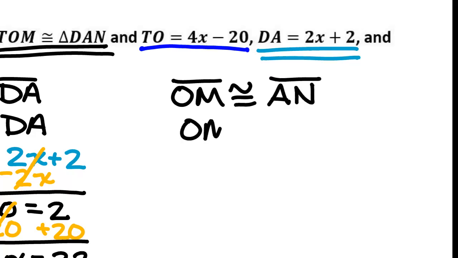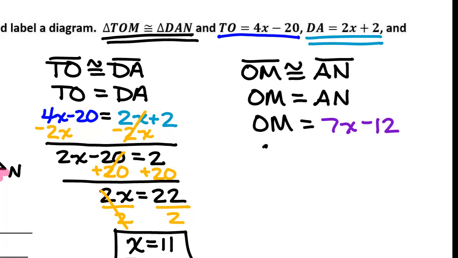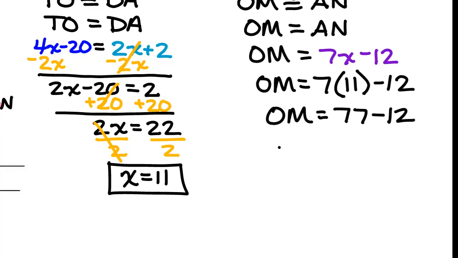So the length of OM is equal to the length of AN. So OM equals 7x minus 12. OM equals 7 times, we just found out that x was 11, so 7 times 11 minus 12, so 77 minus 12, we get 65.